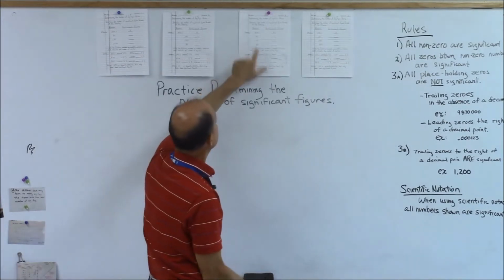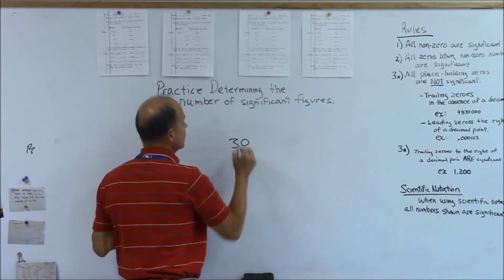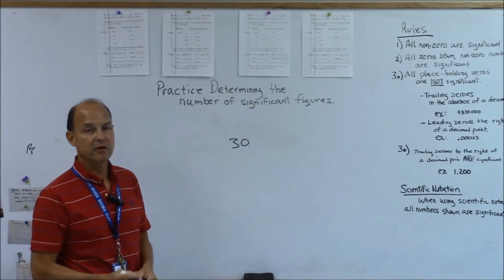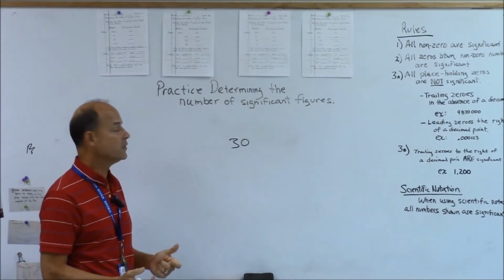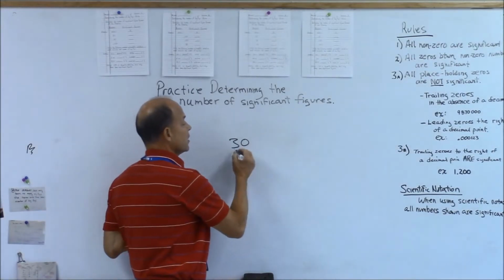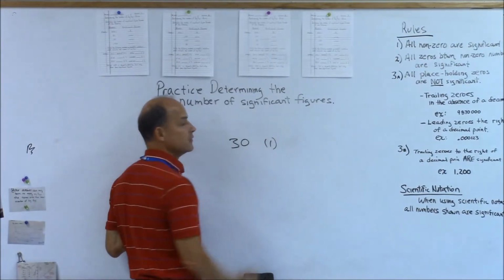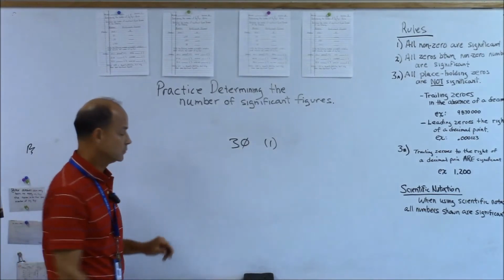From version number 3, how about this number? 30. How many sig figs is there? Again, you can pause this video and see if you can work this out for yourself. Maybe you already know the answer. This only has 1 sig fig because this 0 is just holding place.